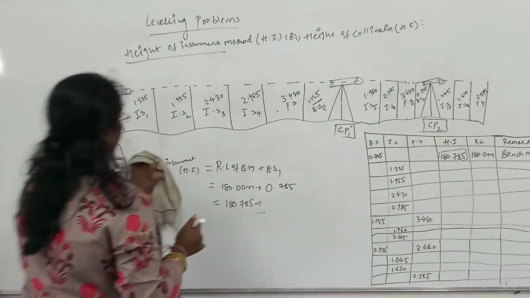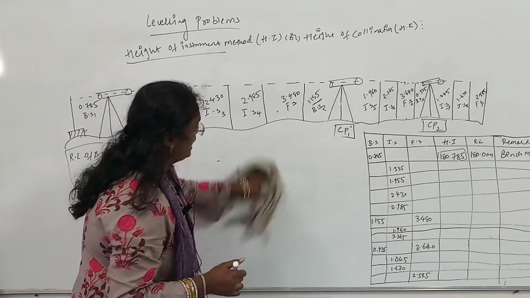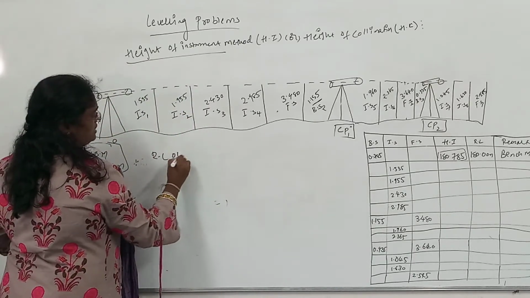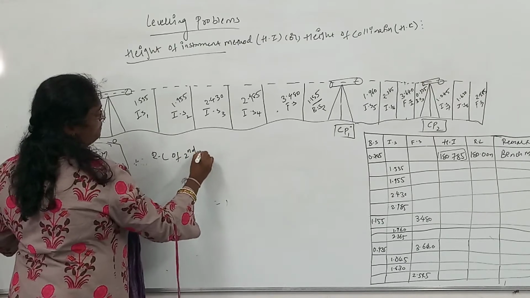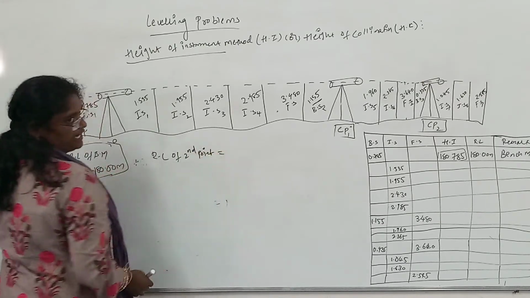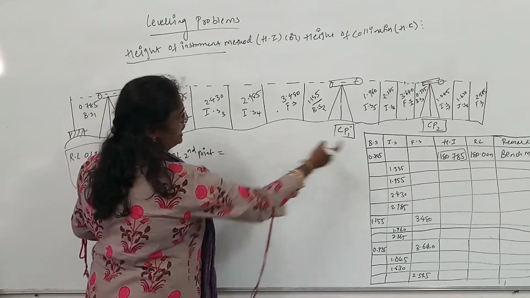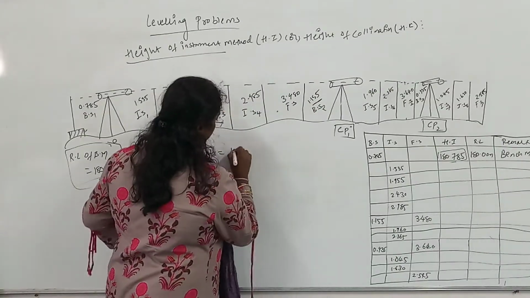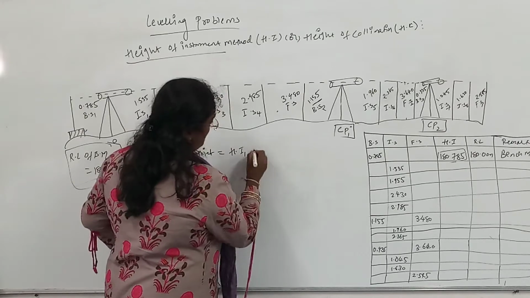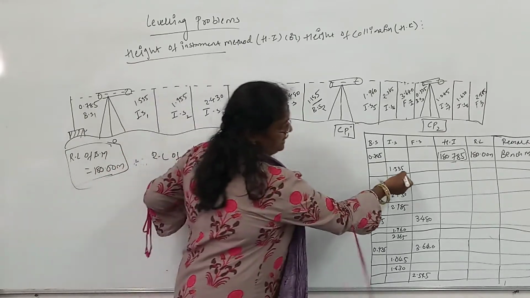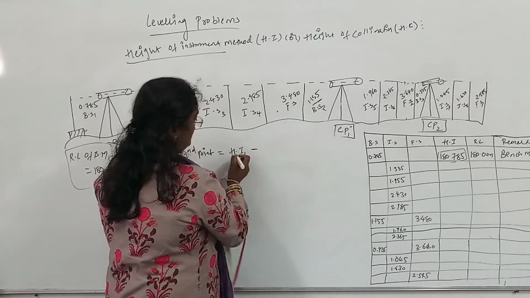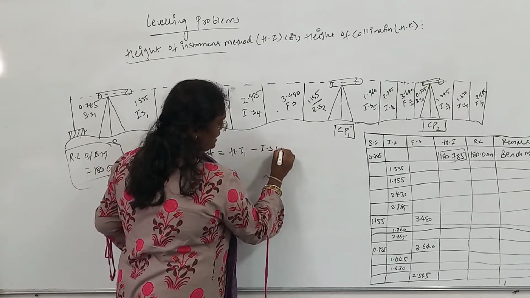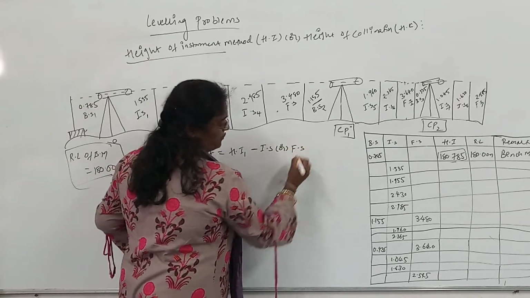Next we need to find out the RL of the second point. You have got the height of instrument. Height of instrument minus intermediate side or foresight.